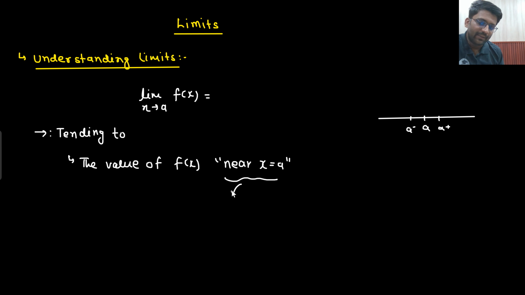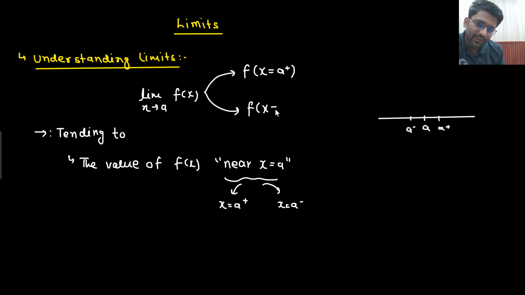That means you need to tell me the value of f(x) at a plus and a minus. So can I call it f of a plus and f of a minus?